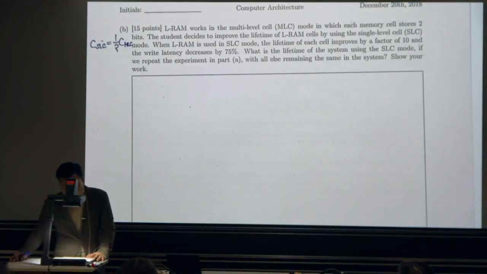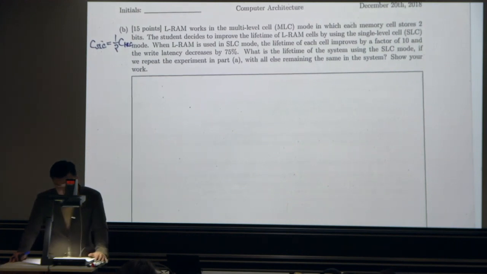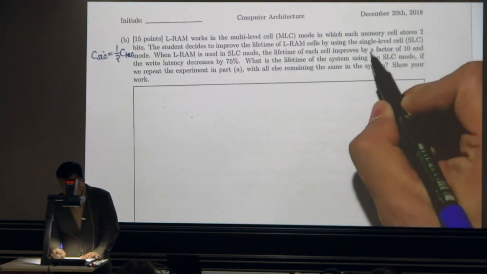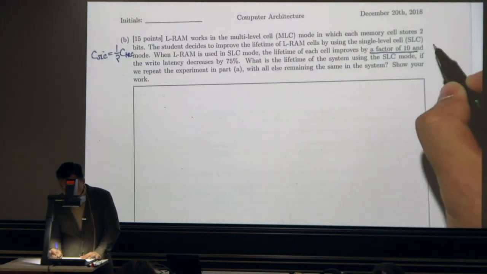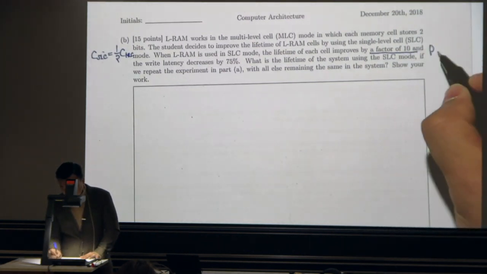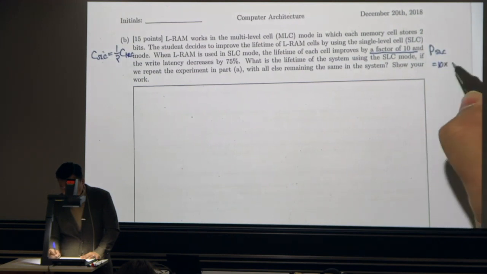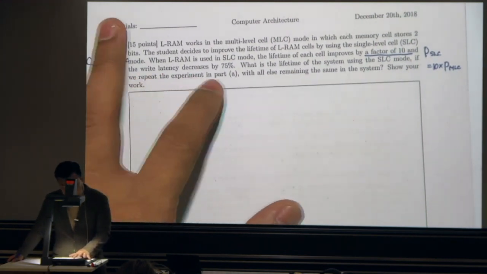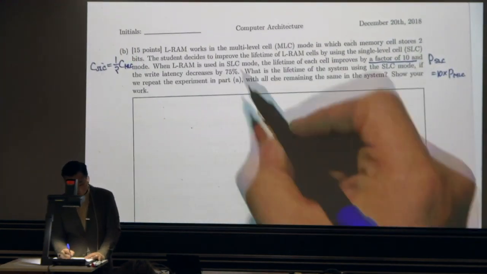And when LM is used in SLC mode, the lifetime of each cell improves by a factor of 10. It means the limited program cycle of SLC is 10 times that of the MLC device. And the write latency decreases by 75%.